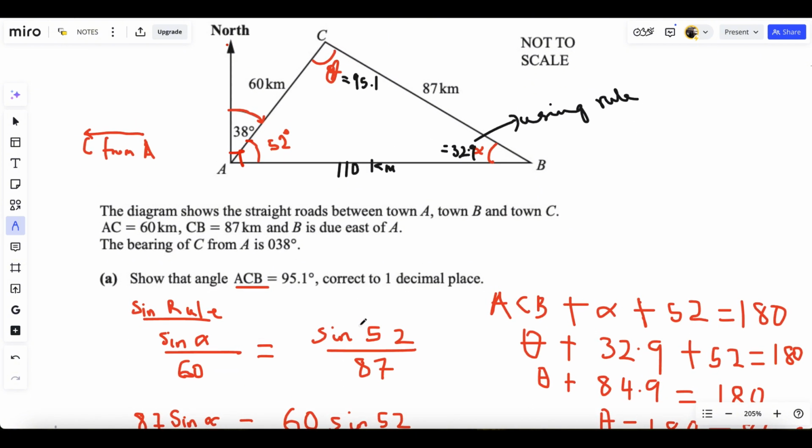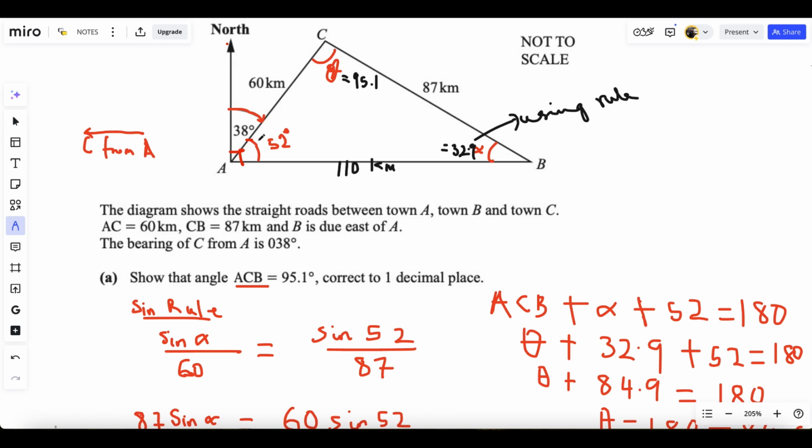We know this angle, we don't know here, but they've told us the value, and they say we should prove it. But we don't know this angle either.